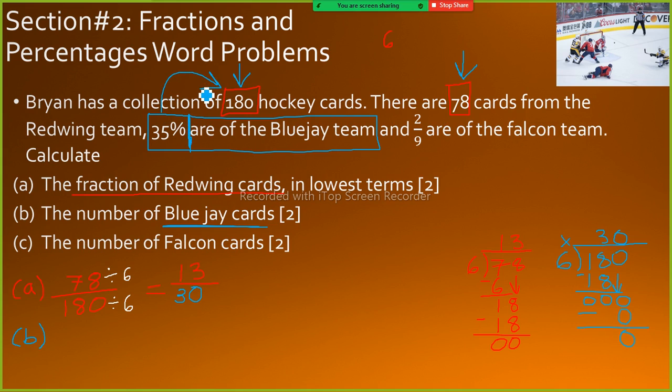Okay. So it'll be 35. Go ahead, help me out. 35 over 100 times 180. Very good. Then I just cancel the 0 from the 100 and the 0 from the 180 to make it easier. And it'll be 35 times 18. This will be 630, and then divided by 10. And that'll be 63.